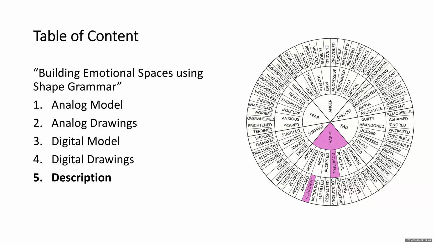These are the table of contents again. We're down to the description where right here I highlighted what I used as my emotions for the shape grammar, which is happy, powerful, and confident. I picked these because it's always good to be happy, always good energy, and powerful because I made my shape grammar model very sturdy.